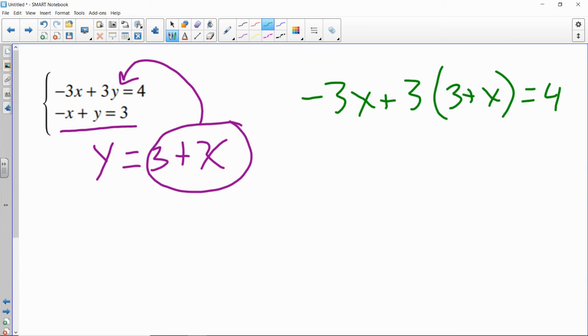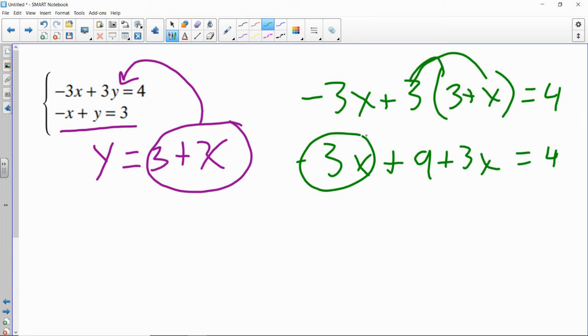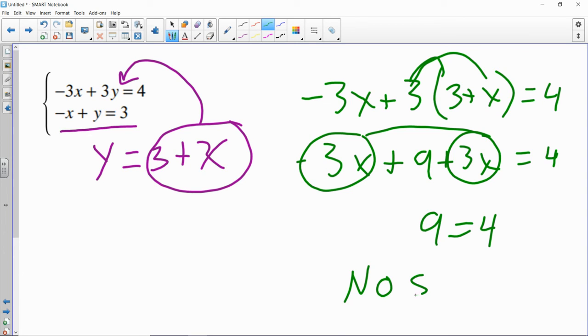So I have one equation with one variable, and I'm now going to solve for x. So I'm going to distribute, combine like terms. Negative 3x plus 3x gives me 0. So I'm left with 9 equals 4. That is not true and never will be true. I'm out of variables, and if these two things do not equal each other, that means I have no solution.